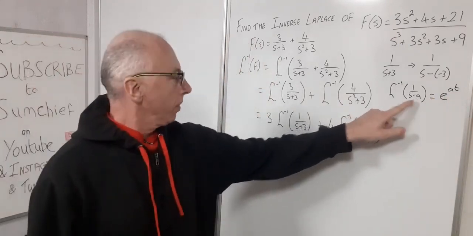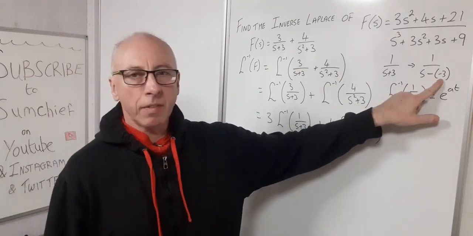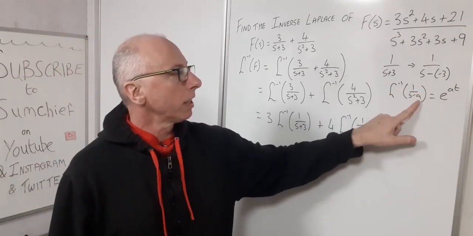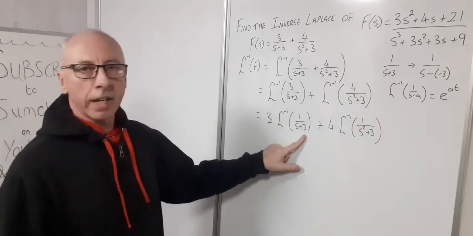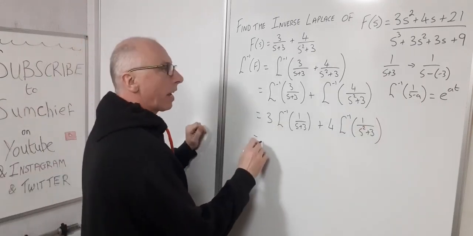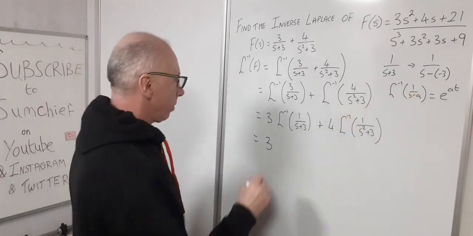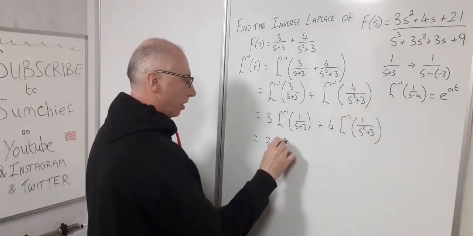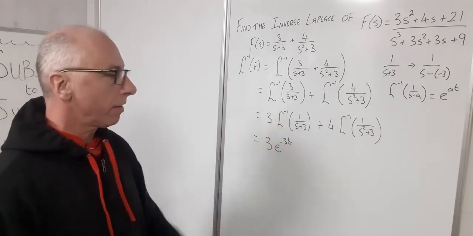So therefore our inverse Laplace of this one will give us an a value of minus 3, hence this value here. So this one we can take care of straight away. So that is now 3, we'll be multiplying it, and e to the minus 3t. So that's been transformed already, so that's taken care of.